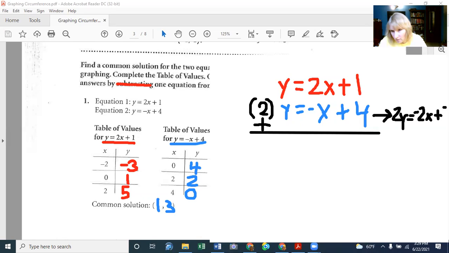And I'm going to leave the top equation just the way it was. I'm going to leave it as y equals 2x plus 1. And now I can officially add them together.